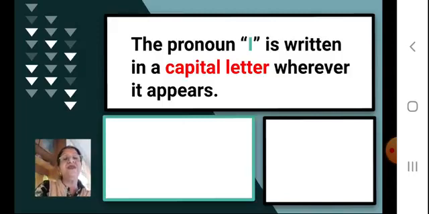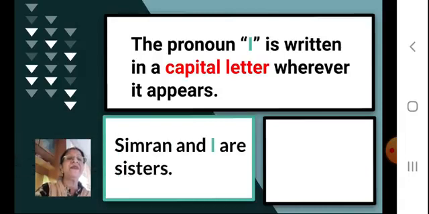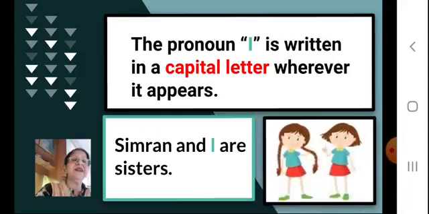It is always written in capital letter. There's a sentence related to it. Simran and I are sisters. So here you can see Simran, S is capital and I is also capital, because I is a pronoun, and I've already told you the pronoun I is always written in a capital letter. This is the related picture with it.